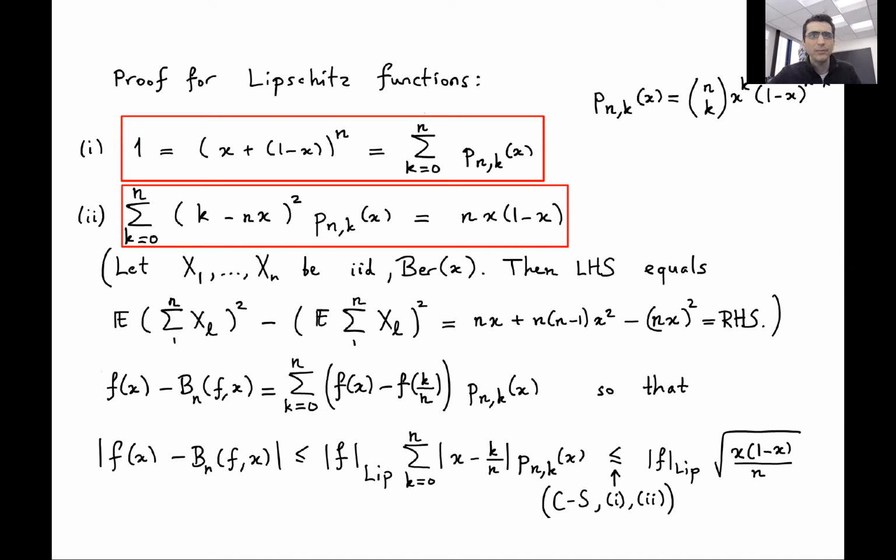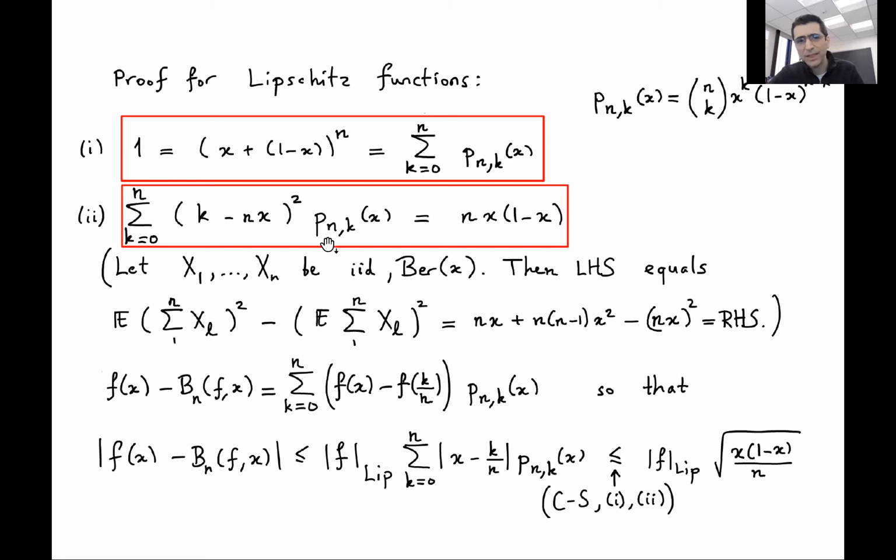One way to see this is if you have n IID Bernoulli trials, success with probability x, then we can interpret the value of the Bernstein polynomial at x as the probability of having k successes in n trials.